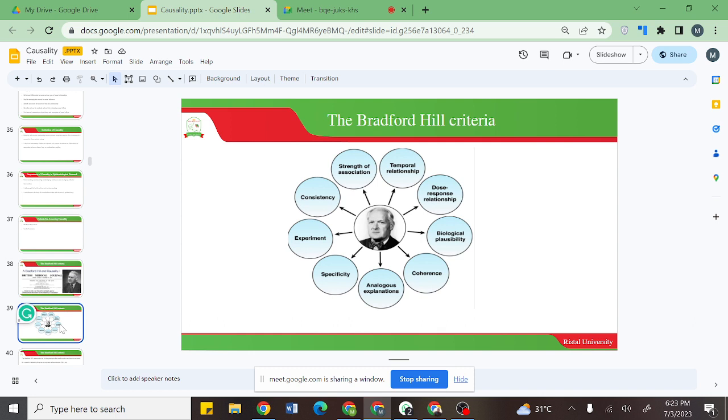Okay, that's the question we have. So for him, he said that look at these 9 things: strength of association, temporal relationship, dose response relationship, biological plausibility, coherence, analogous explanation, specificity, experiment, consistency. So those are the 9. So we are going to look at each of these.